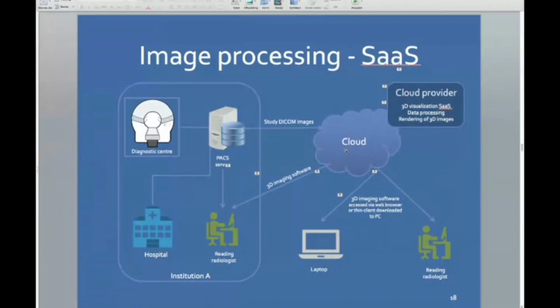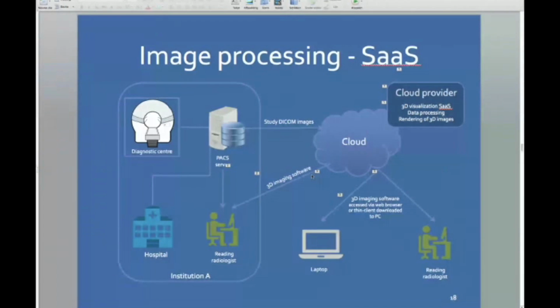And this can go several ways. For example, the cloud can provide 3D imaging software to the local radiologist that uses it in the hospital. Or the post-processing can be done elsewhere by the clinician, for example, or by a radiologist located elsewhere. So this way, different types of post-processing are possible.